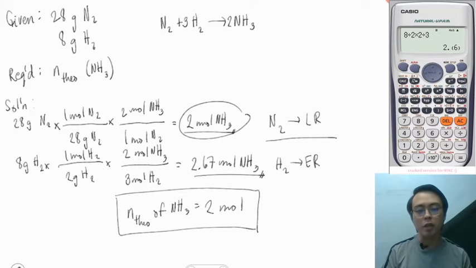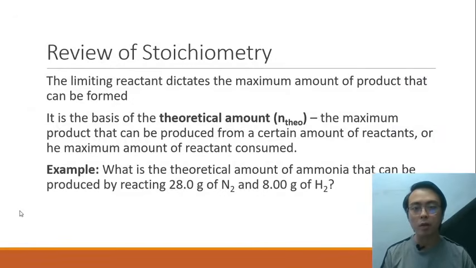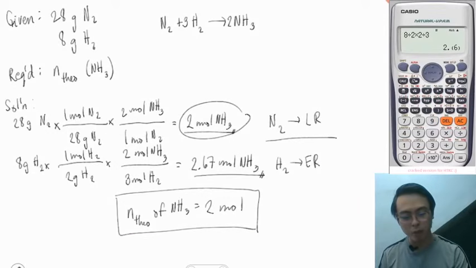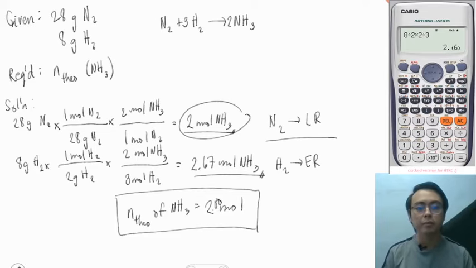So remember that the theoretical amount is always related to the limiting reactant and not to the excess reactant. So by the way, significant figures. Okay, we need 3. So this should be 2.00. Okay. Next.